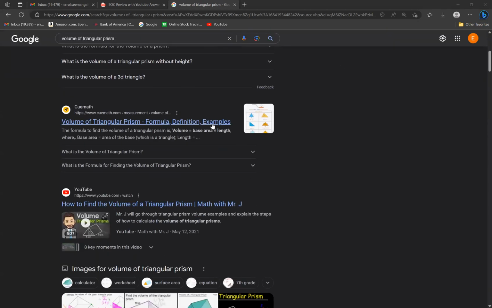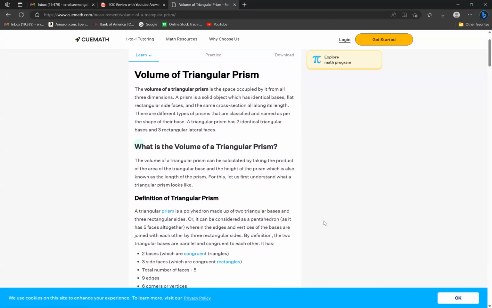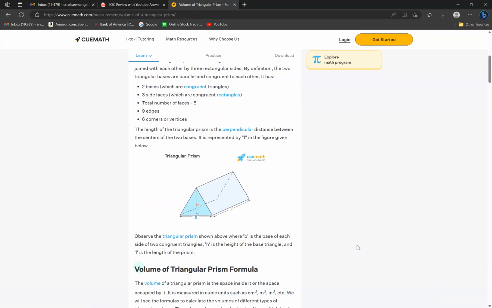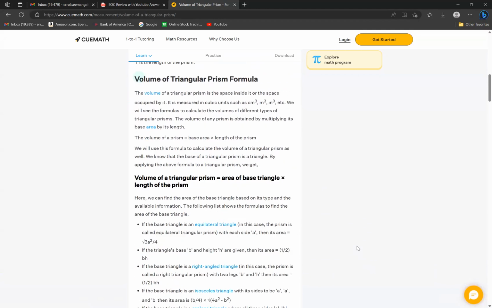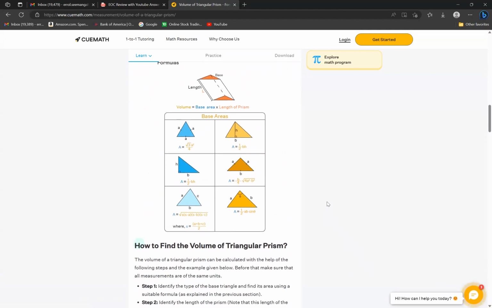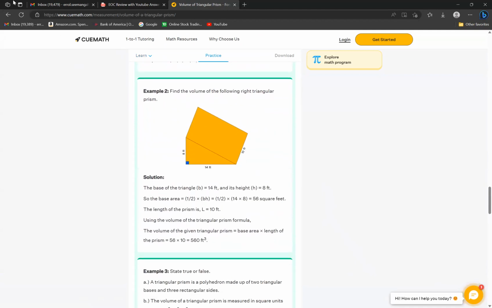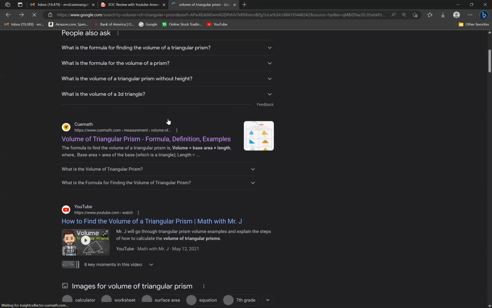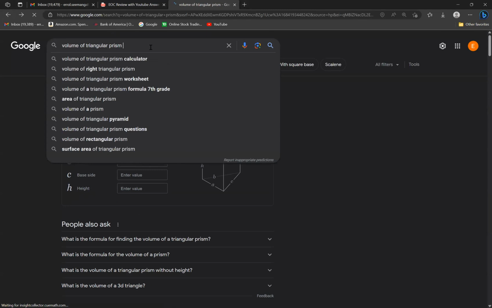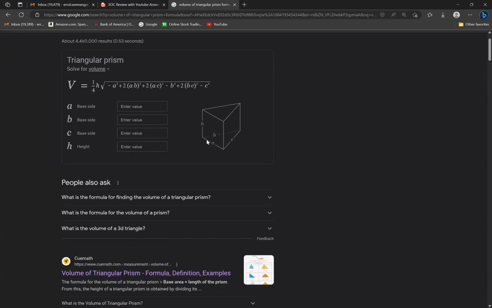Volume of triangular prism. Let's see an example here. So give us the formula. I should have put in formula. Volume of triangle prism formula. Oh, it's the same thing. Okay, so A is 2 there.